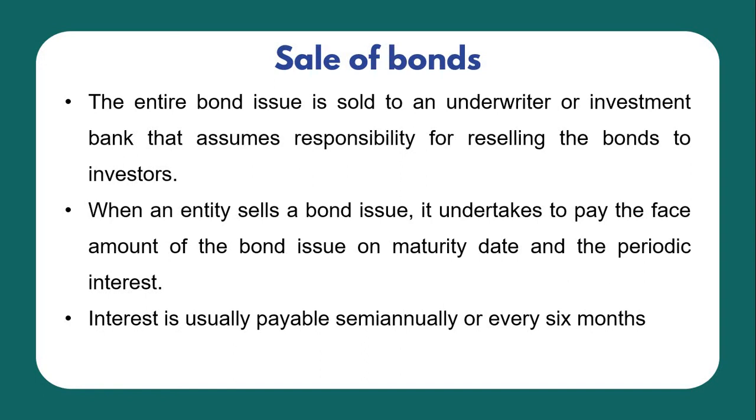When an entity sells a bond issue, it undertakes to pay the face amount of the bond issue on maturity date and the periodic interest. So, after the sale of bonds is done, the issuing entity is already obliged to pay interest and the principal on a specific date, depending on its maturity date.